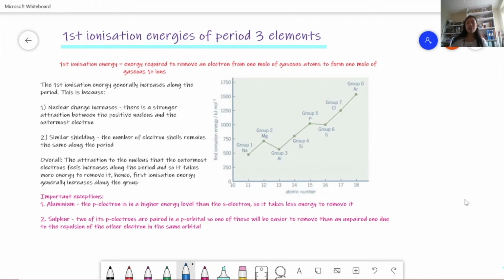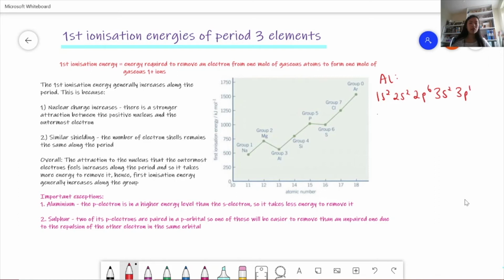So first we have aluminium, and this is because the p electron is in a higher energy level than the s electron, so it takes less energy to remove it. So if we have a look at the electron configuration of aluminium, we have 1s2, 2s2, 2p6, 3s2, and 3p1.